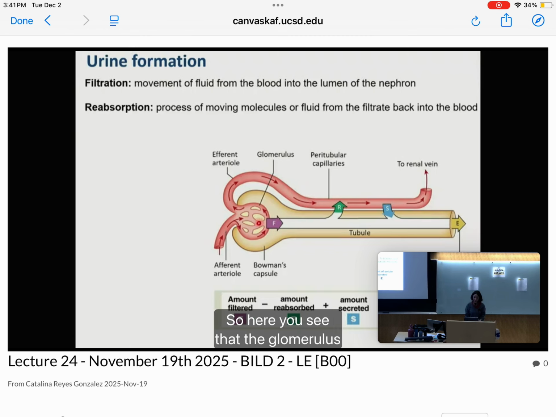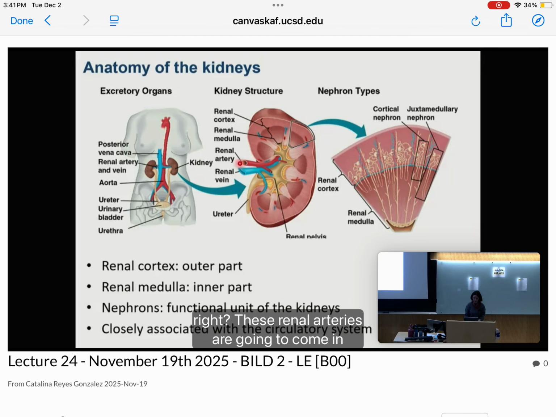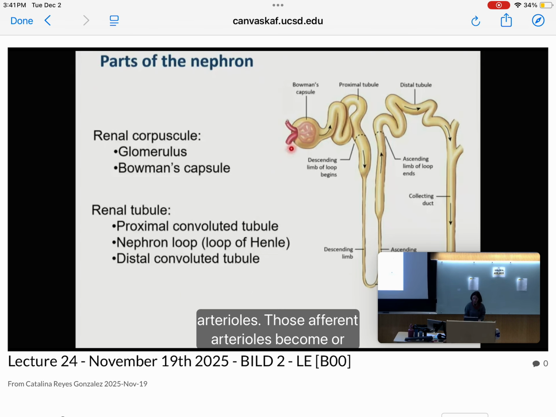We move it back to the circulatory system. So here you see that the glomerulus has blood that comes from the afferent arteriole. This renal artery is going to come in and it's going to become arterioles, afferent arterioles. Those afferent arterioles end up in the glomerulus, which are capillaries.